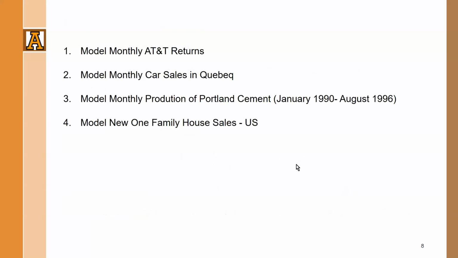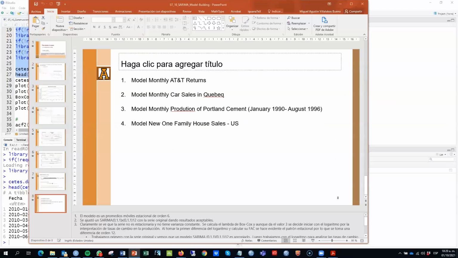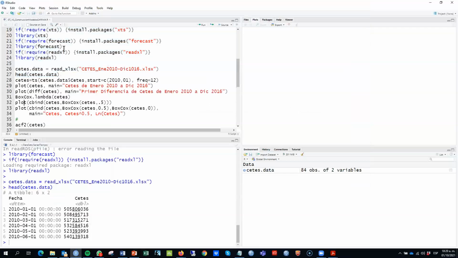Now, let's work with this series, the monthly AT&T returns. Well, let me go first over the script of the series that we just analyzed, the CETES.